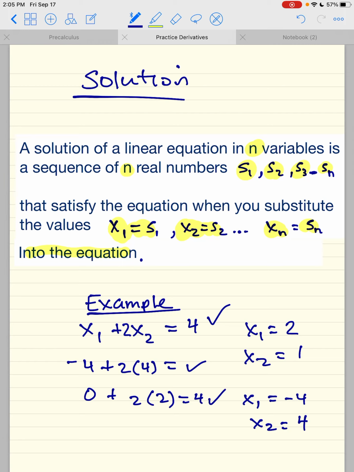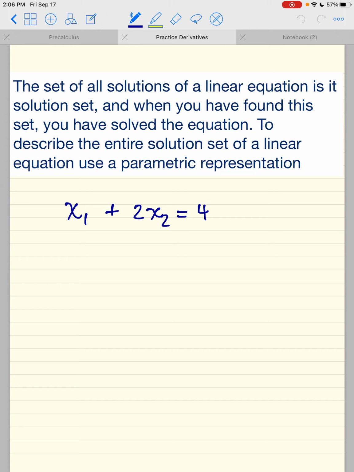That works. So there's a bunch of solutions, right? So the set of all the solutions of a linear equation is its solution set. And when you have found this set, you have solved the equation. So once again, the set of all solutions of a linear equation is its solution set. And when you found the set, you have solved the equation.